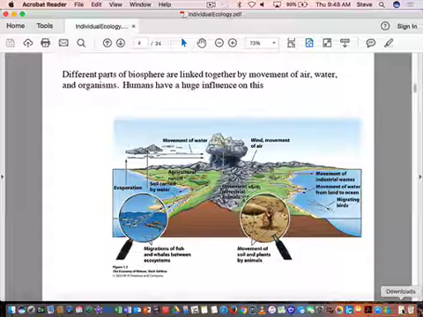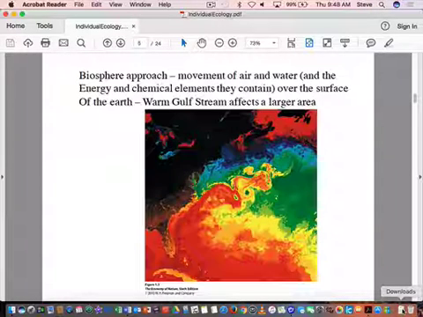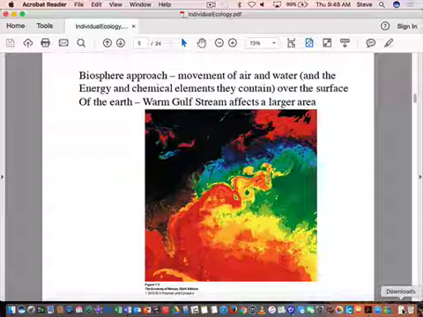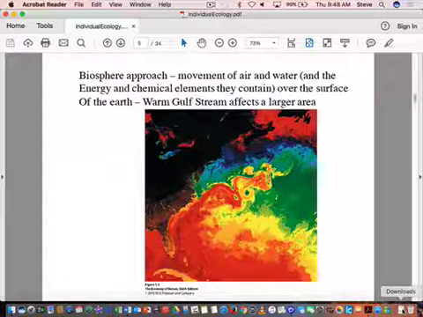Okay. So here's something we might think about, a more biosphere-level approach. Do you know what that thing is? What's this? Here's the United States. There's Florida, right? What do you think the red represents? Yeah, that's water temperature, okay?